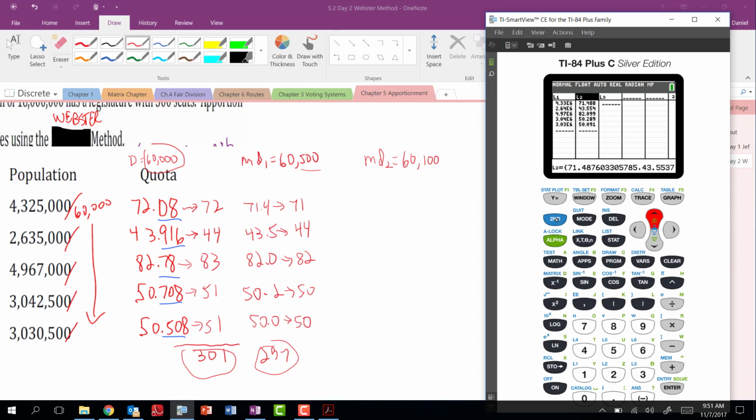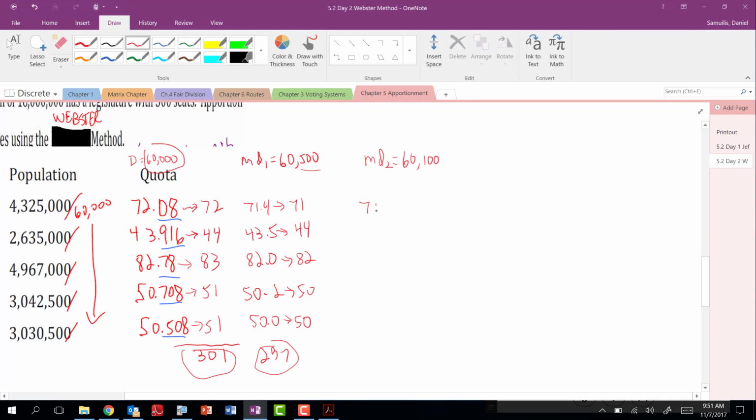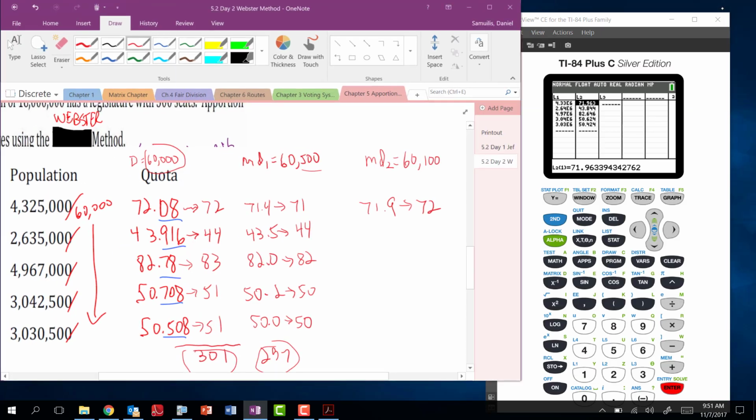All right, and I'll answer your question after we get this one done. Okay, so second, L1 divided by 60,100. Press enter, and you get 71.9, which is 72. 43.8, which is 44. 82.6, which is 83.